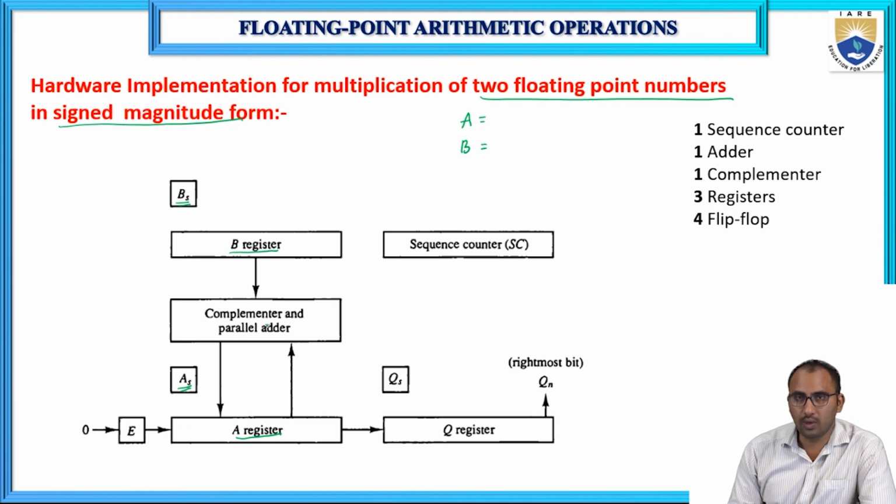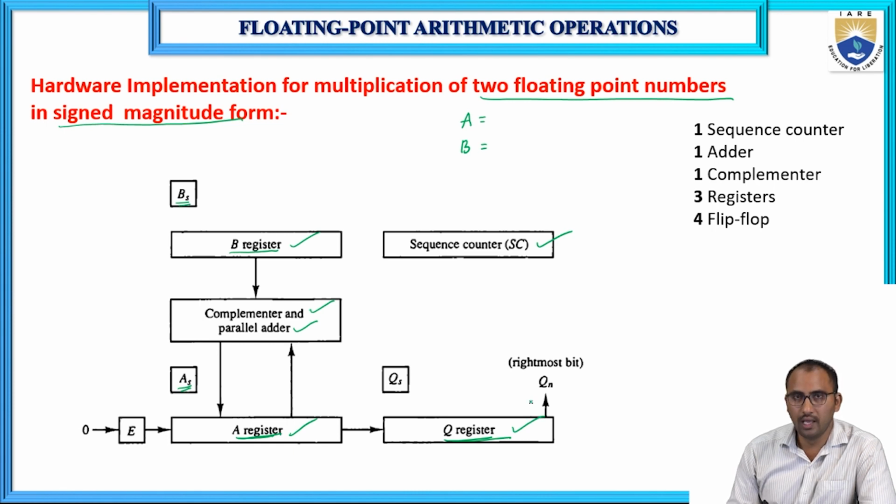And we are storing the result by combining this A register and Q register. So if any exponent is there, a remainder is there, or any quotient is there, then we can store that in the Q register. In order to implement this hardware, in total we require one sequence counter, one complementer, one parallel adder, and 3 registers: B register, A register, Q register.